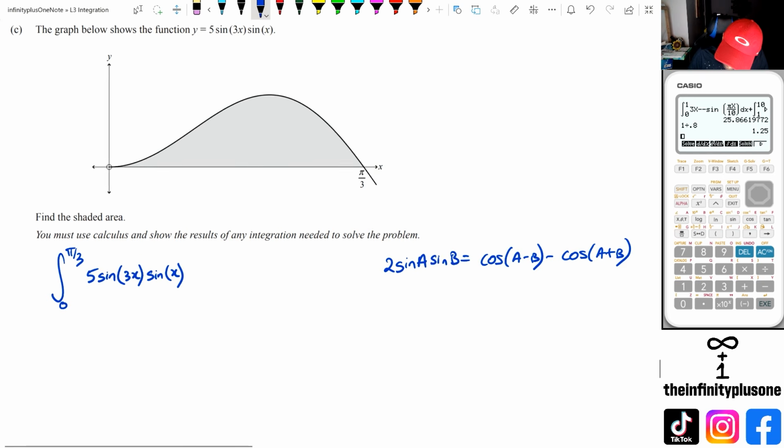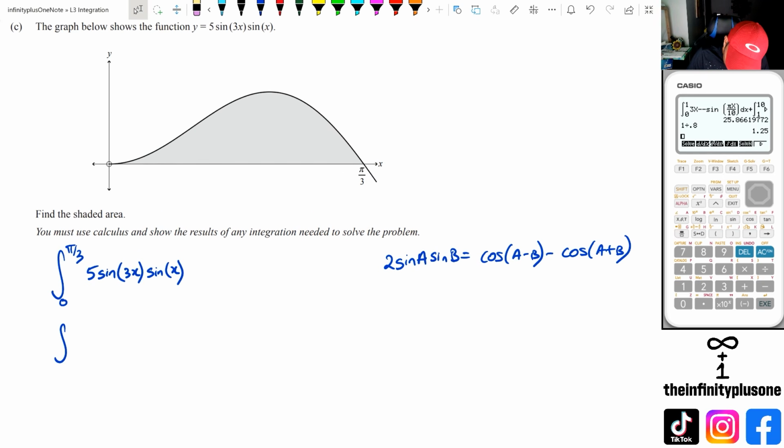Now, because we've got a 5, I'm going to take 5 over 2 out. If I take 5 over 2 out, the limits still stay the same, then this will become 2 sine 3x sine x.